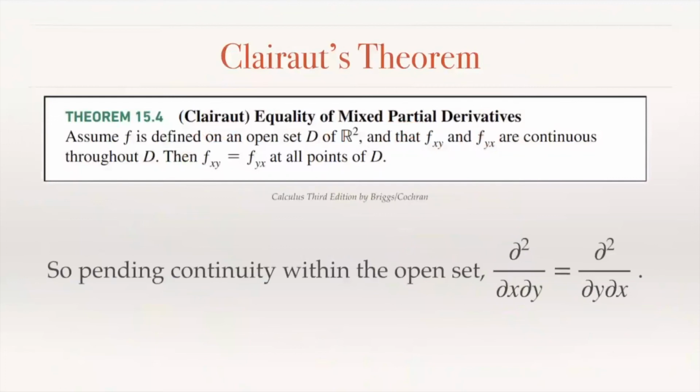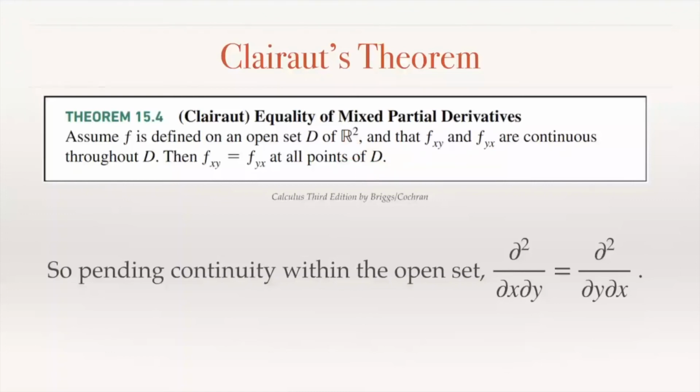It says that if f is defined on an open set D of R squared, which in practice usually means almost all of R squared, just any function really, where the derivative makes sense, and if the two mixed partial derivatives are continuous throughout that region, which will again basically always be the case in this class, then the mixed partial derivatives are equal everywhere in the domain.